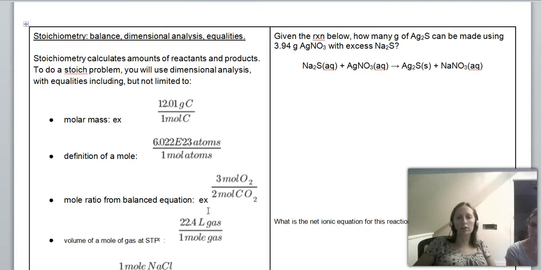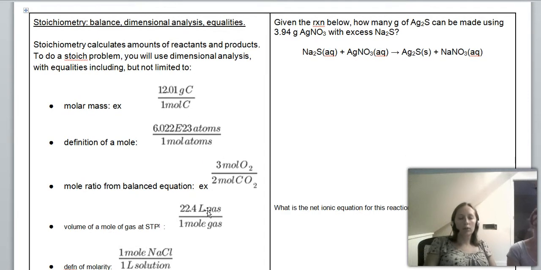All right, so here is an example. Given the reaction below, how many grams of silver sulfide can be made using 3.94 grams of silver nitrate with excess sodium sulfide? It's important to notice excess. When they tell you that something is excess, they're being nice.